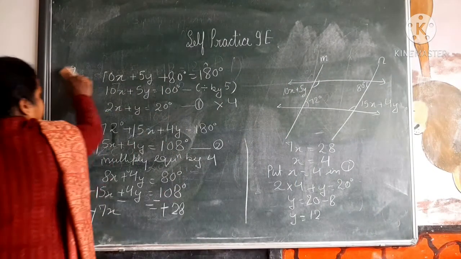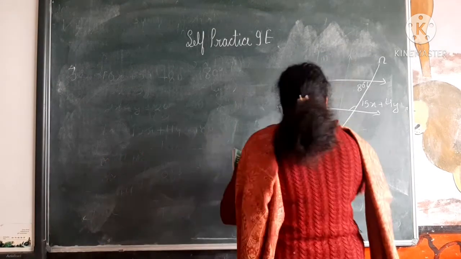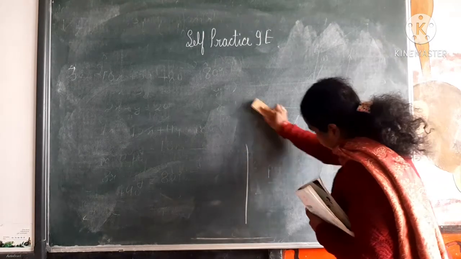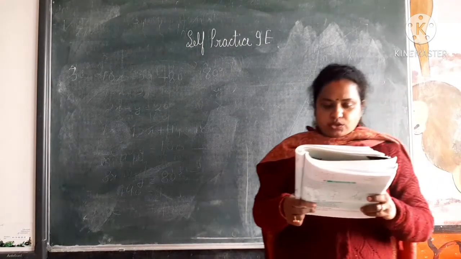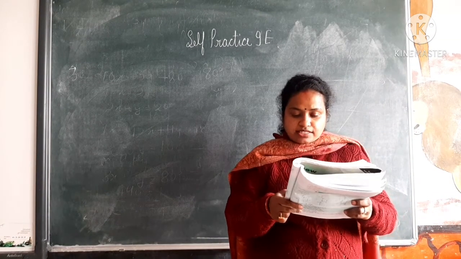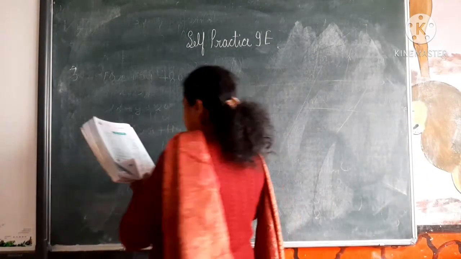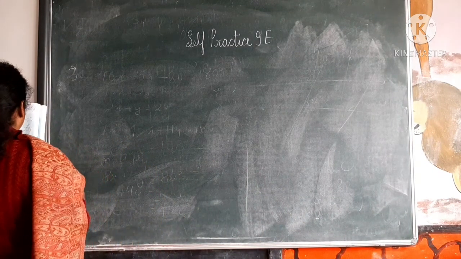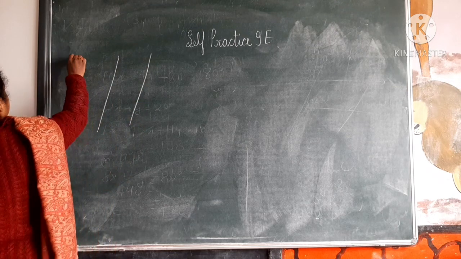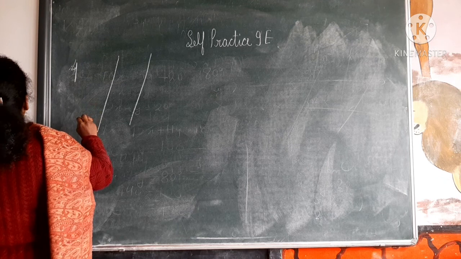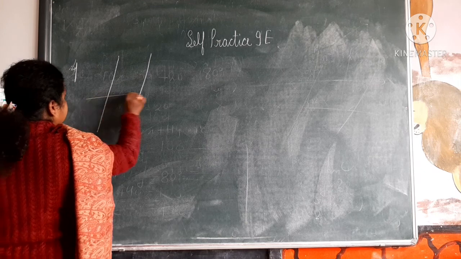Now see the last question of this exercise. Question number 5. What is question number 5? In the given figure, two parallel lines P and Q are cut by two transversals M and N. Find the measure of angles X and Y. Here you see two parallel lines P and Q cut by transversal lines M and N. So this is there.